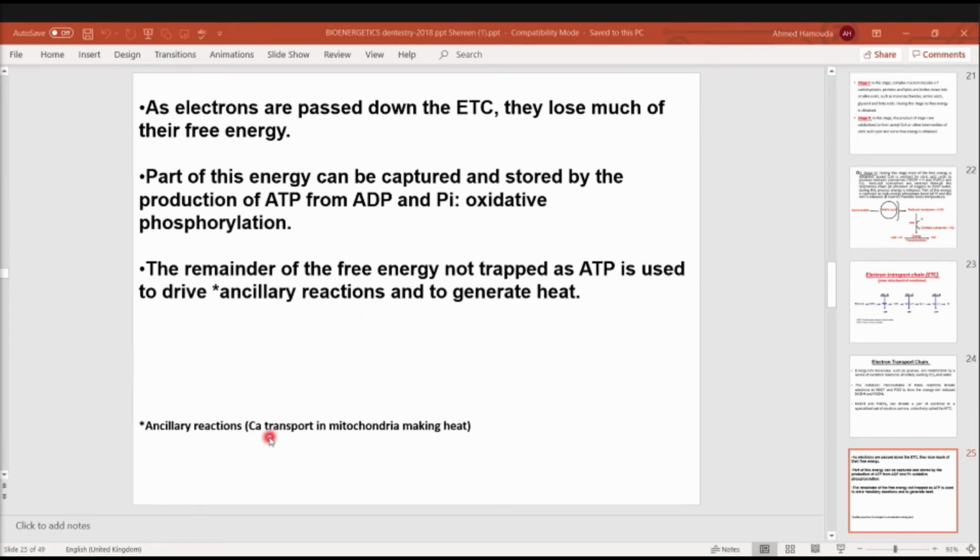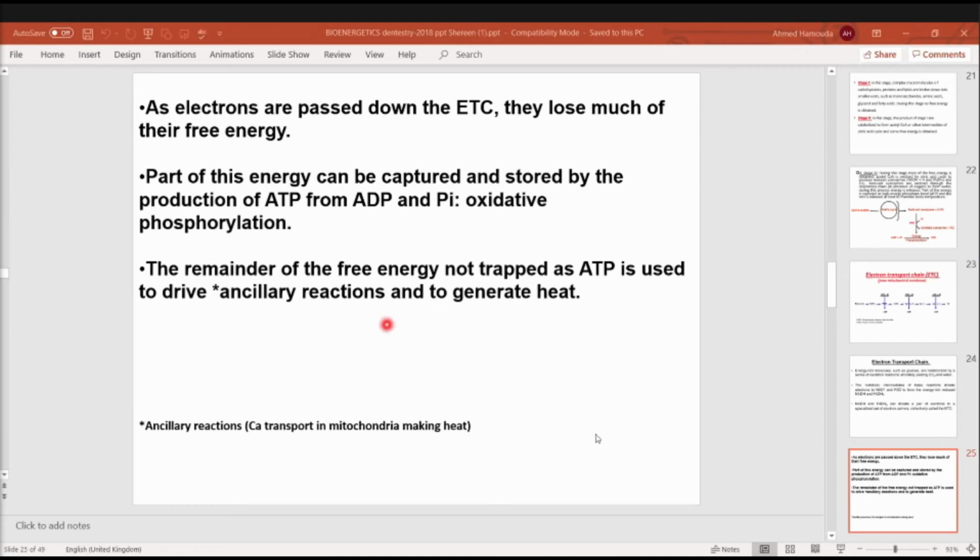For instance, calcium transport in mitochondria that makes heat. There are many ancillary reactions that happen in the body, using the energy released during the ETC.